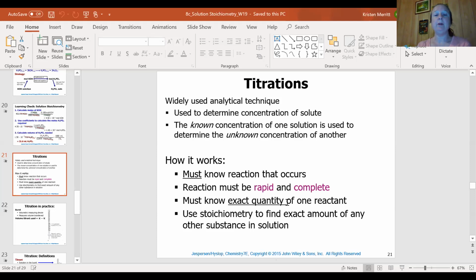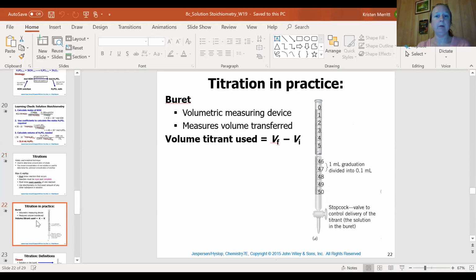And then you're going to determine the exact quantity, and the more precise you are, the better your result, of the one reactant, which is the titrant. It's what we're adding. And then you're going to use stoichiometry to determine the concentration of your acid.